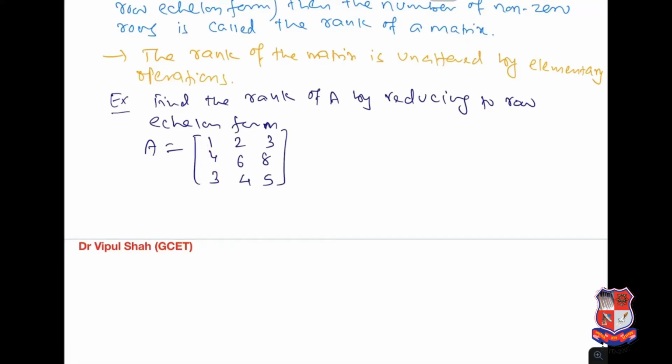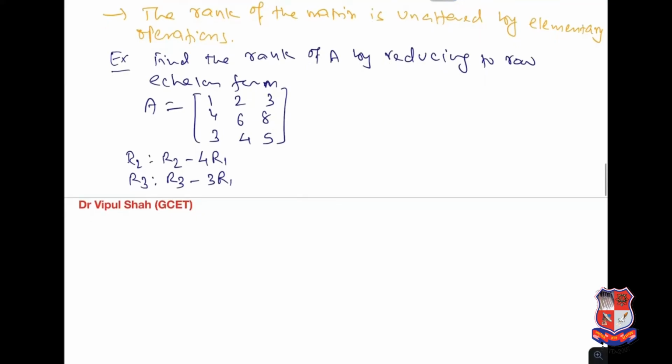So that is not difficult. R2 minus 4R1 and R3 minus 3R1. Therefore the new matrix that we get is 1 2 3. Then 0, minus 4 plus 4 is 0, then minus 8 plus 6, so that is minus 2.